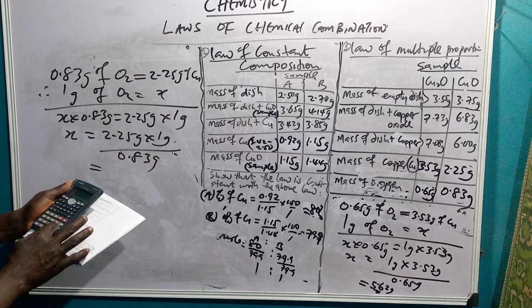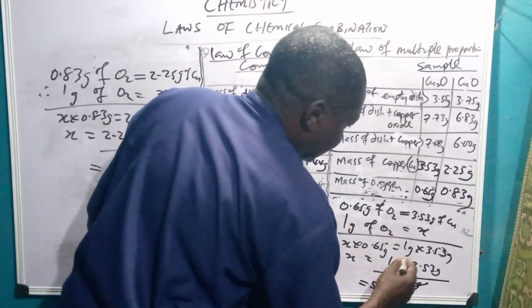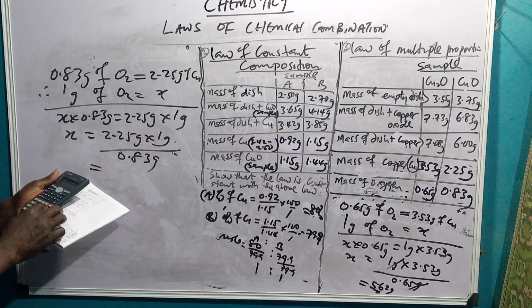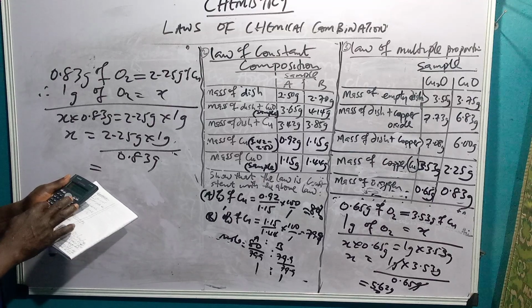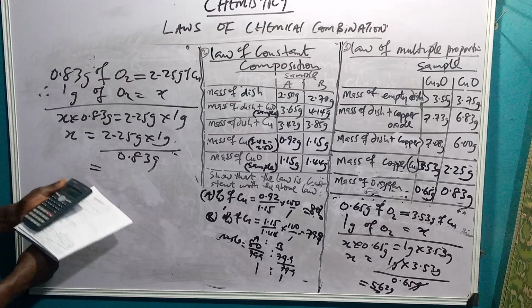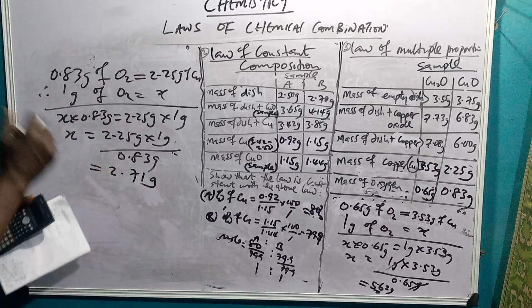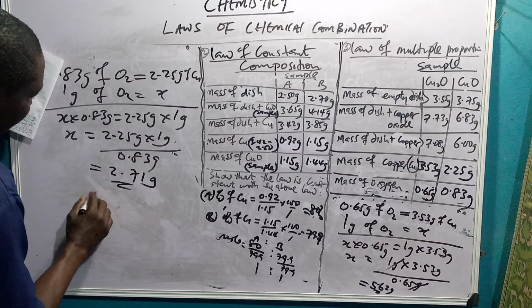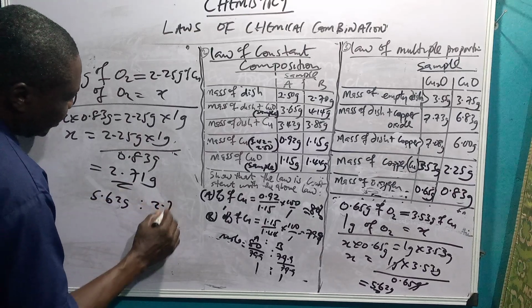2.25 divided by 0.83 gives you 2.71 gram. So the first one gave us 5.62 gram, while the second one gave us 2.71 gram.